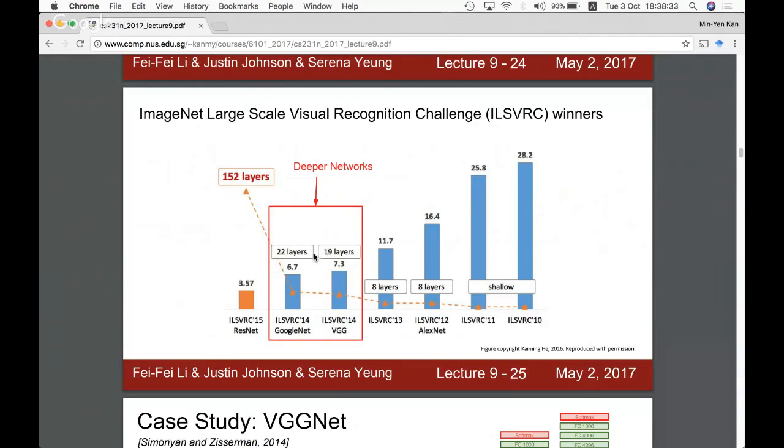One was GoogLeNet, which was the winner, and the other was VGGNet. In terms of depth, we call these deeper networks, and they had similar layers, 22 and 19. So they were similar in depth and performance as well.